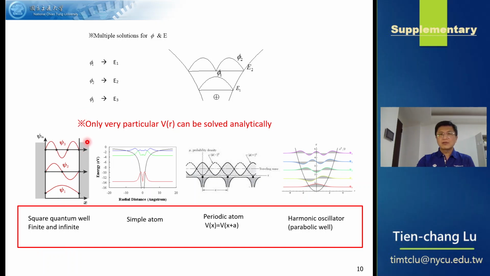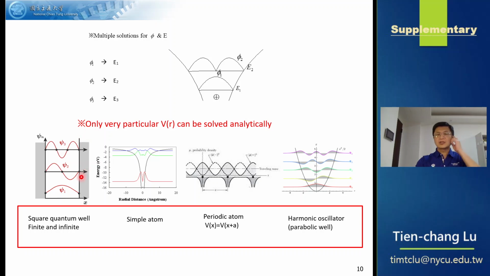You should know this from before: in the quantum well, the energies and the wave functions are quantized inside the quantum well. So the fundamental mode is phi1, and then the higher order modes come with phi2 and phi3 with higher energy.